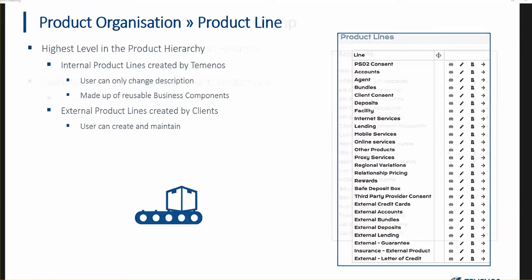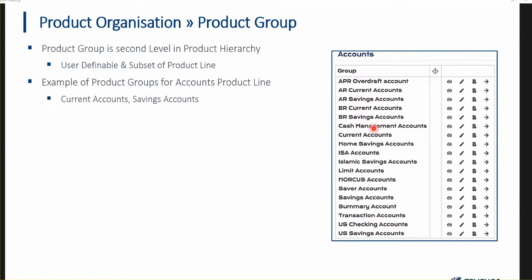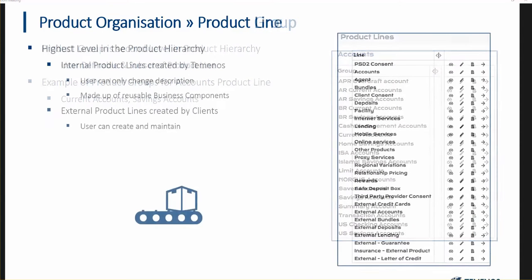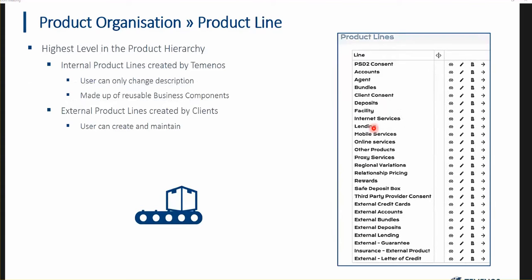Okay, hang on. Just go back to the previous screen to make sure our participant understood well. Yeah, so from our understanding, the product line which you mentioned here, we can try to mind map with our current system R13. We have the list of legacy modules. So here you say this is the product line. Example, accounts and deposit, lending.